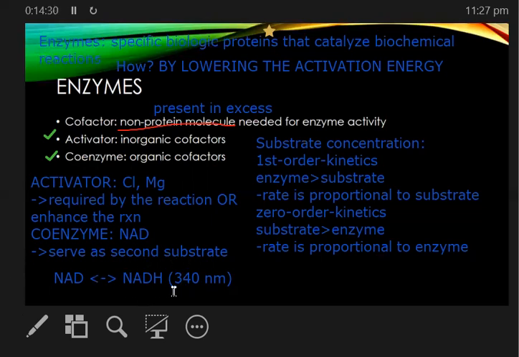What we are trying to measure is either the formation of NADH or the disappearance of NADH at 340 nanometers. You will observe that in the different enzymatic reactions involved in the assay of your enzymes. It's only either appearance or disappearance of your NADH.